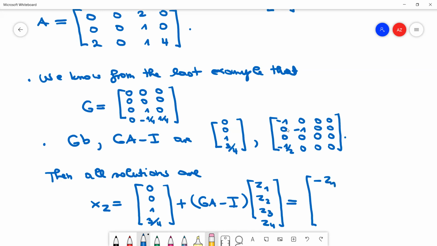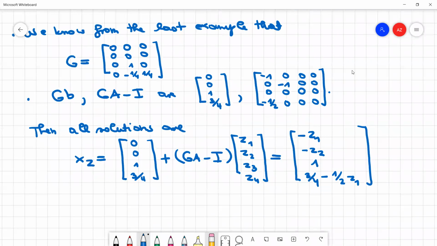Then the second row of GA minus identity times z becomes minus z2. And then the third row of GA minus identity is just 0. So we don't have anything because of this second summand in the third row. So in the third row, it must be the third row of GB, which is 1. And then in the fourth row, we get 3/4 minus 1/2 z1.